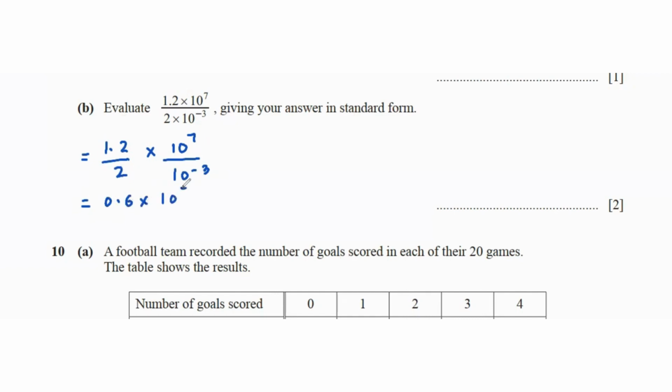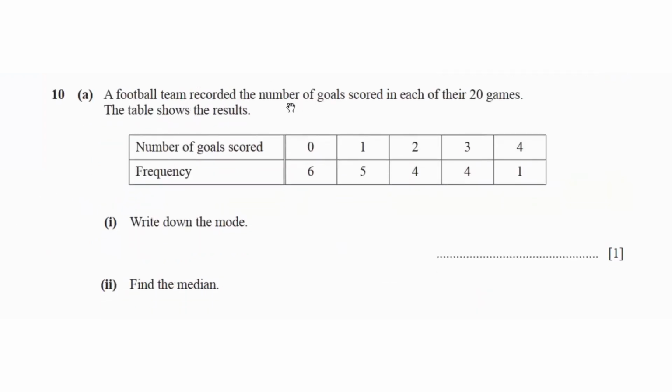And 10 to the power of 7 minus negative 3, because whenever we're dividing similar bases, we subtract the powers. Hence 7 minus negative 3, which basically becomes 10 to the power of 10. And in standard form, that's going to be 6.0 times 10 to the power of 9. Because once again, we're moving one place to the right-hand side. So you subtract 1 from the power.